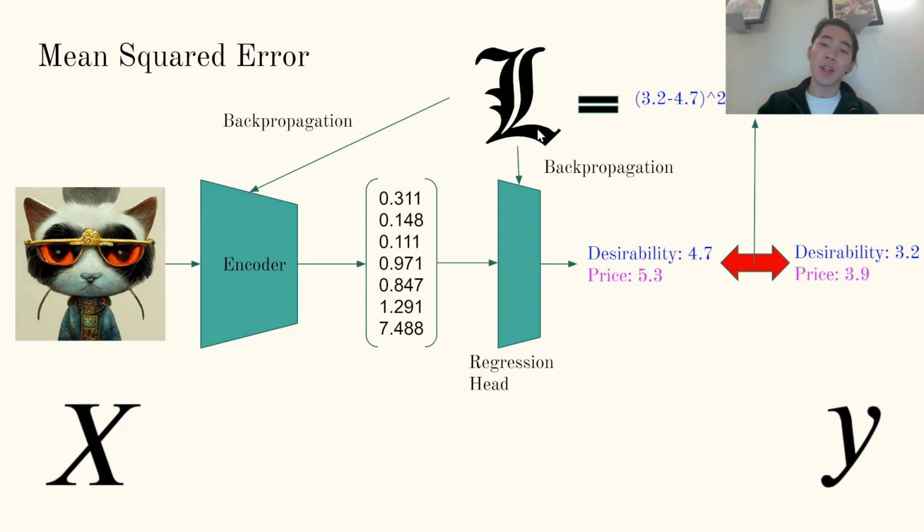And then these regression heads and encoders are composed of a bunch of numbers. It's just a matrix of floating point numbers, and you run this process called backpropagation, where you adjust these weights in the regression head as well as the encoder, and you minimize the loss.